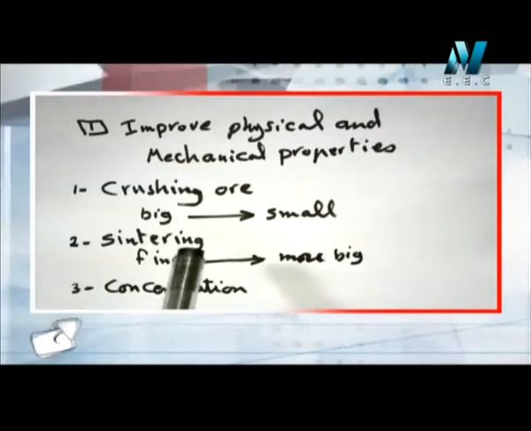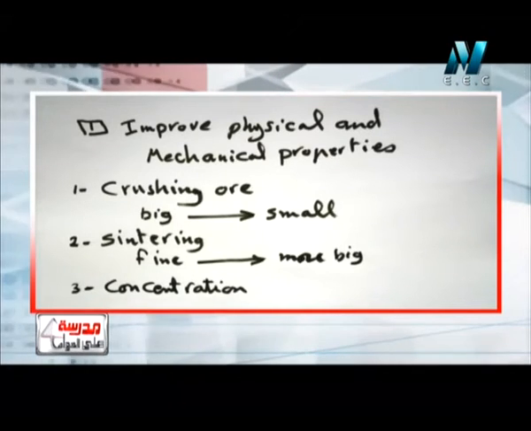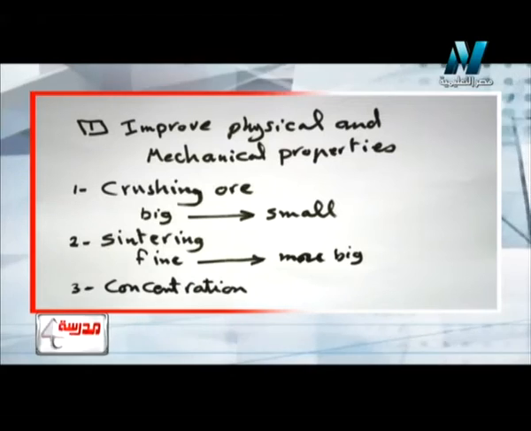Number 1, in the ore dressing, I said that to improve the physical and the mechanical properties, this occurs in 3 steps. Number 1, crushing, convert big into small particles. Number 2, sintering. Sintering means fine particles, ash powder, converted into small particles or more big than the powder.